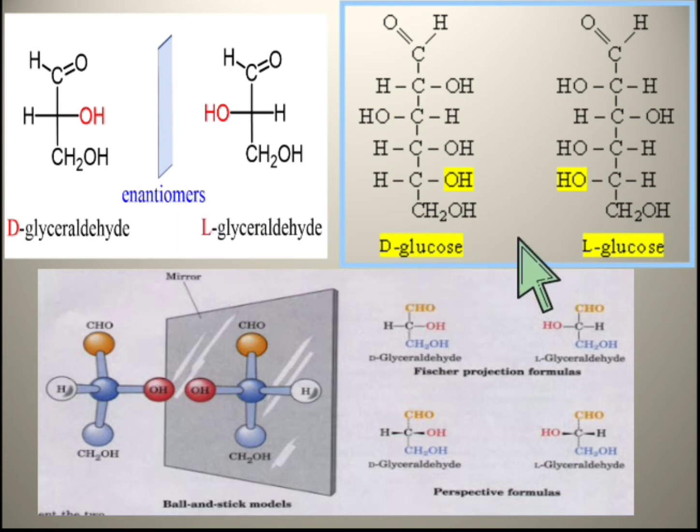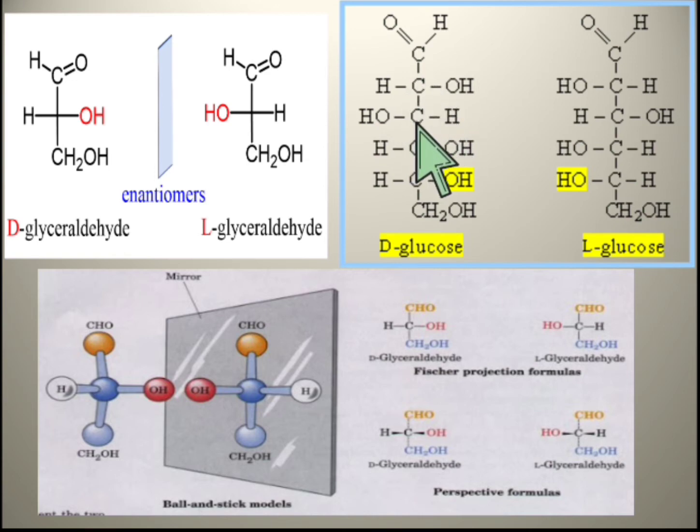Same thing here, in case of glucose, we have 4 asymmetric carbon atoms, 1, 2, 3, 4. If you take a look at the first asymmetric carbon atom, you can see why it is a chiral carbon atom. It is attached to the OH group, the hydrogen group, and this group. So this carbon atom is known as a chiral carbon atom.